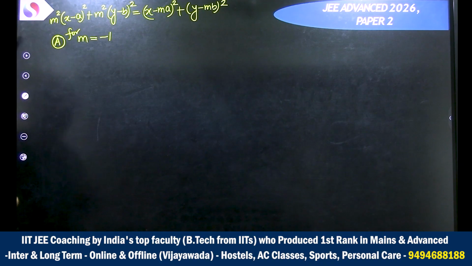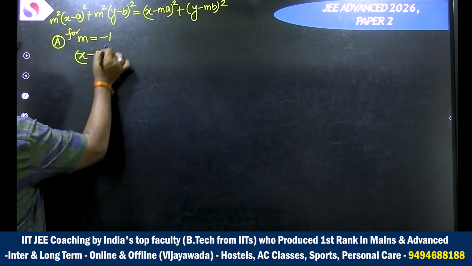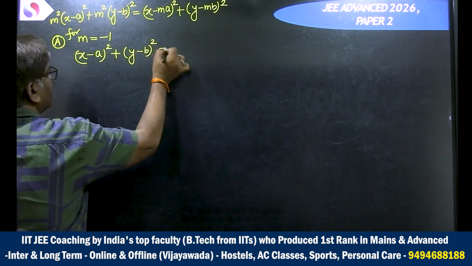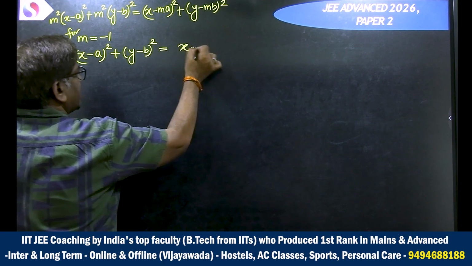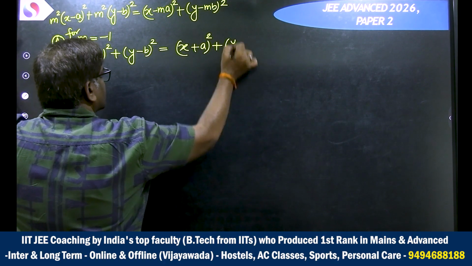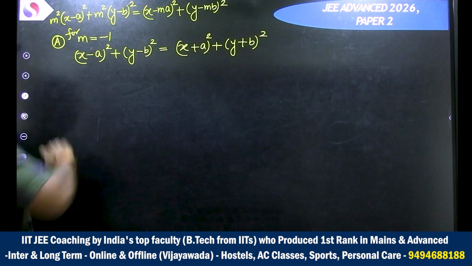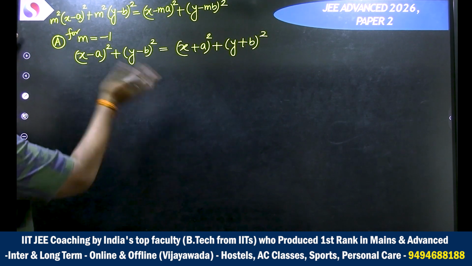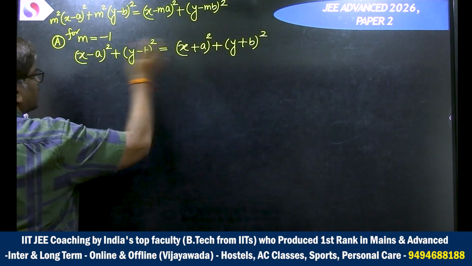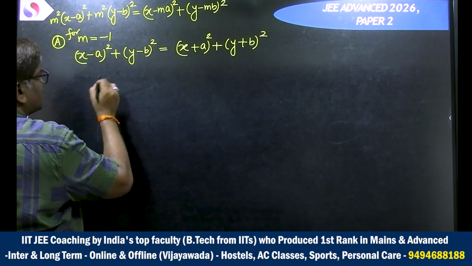So put in minus 1. M square is there, so the LHS term will be (x minus a) whole square plus (y minus b) whole square. If I put in minus 1 here, it is (x plus a) whole square and (y plus b) whole square. Either you can expand it or you can arrange the terms on one side. If I am expanding it, x square and y square terms will be cancelled. A square and b square terms will also cancel.